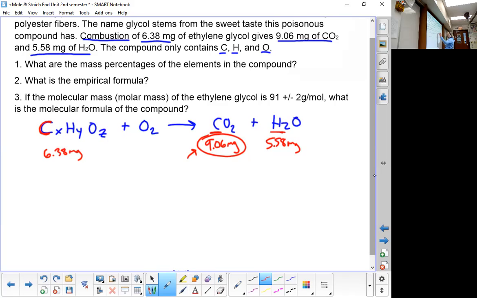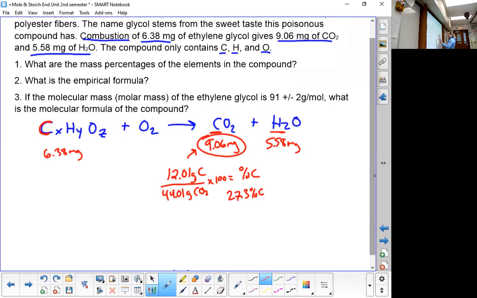So with that, the molar mass of carbon dioxide is 44.01. There's one carbon here, so 12.01 grams of carbon would be in 44.01 grams of CO2 times 100 is going to give us the percent carbon in CO2. So if we do that, we get 27.3% carbon in CO2.